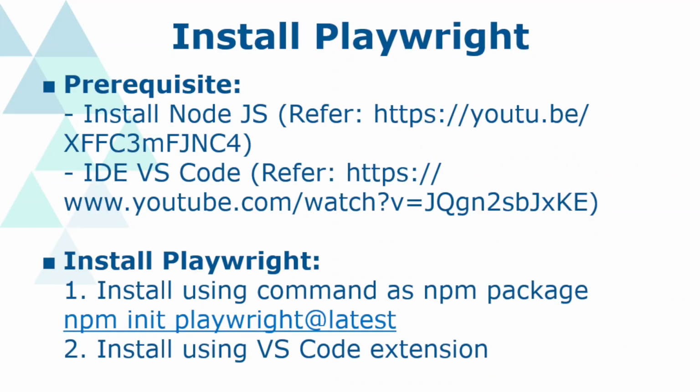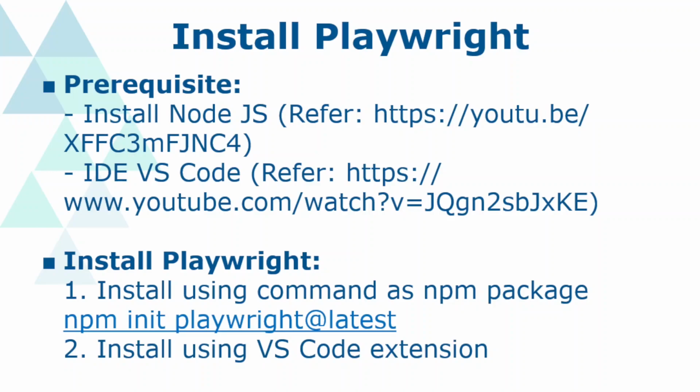Okay, so what is our agenda item? In this lesson, I'm going to teach you what are the prerequisites to install Playwright, right? And then I'm going to teach you how we can install Playwright in 2 different methods.